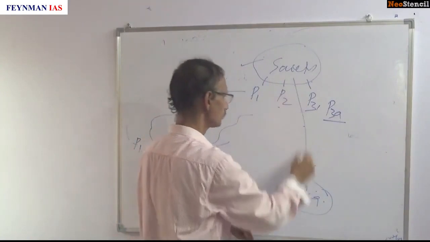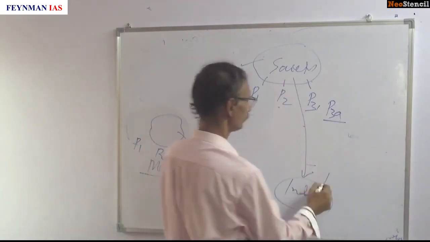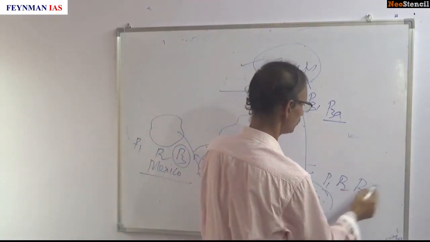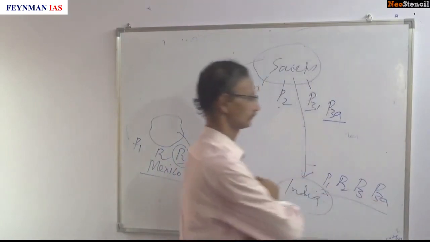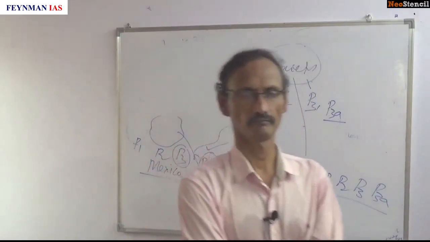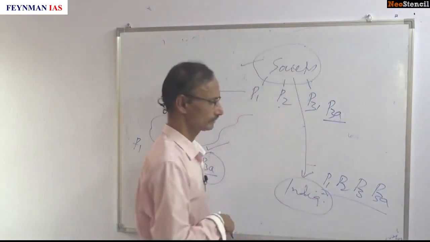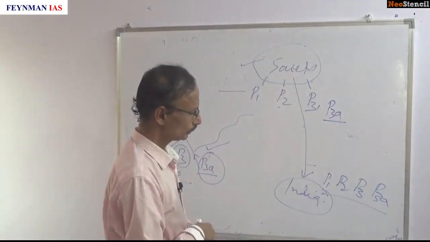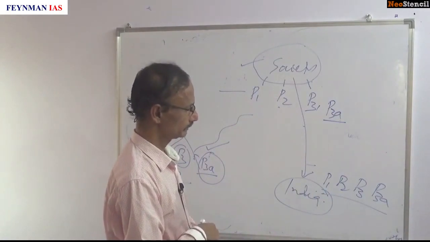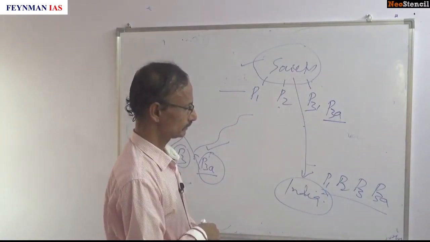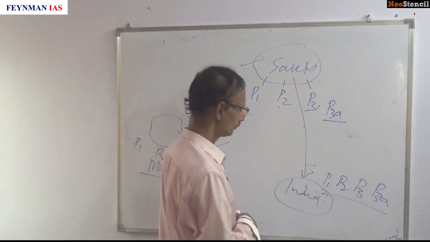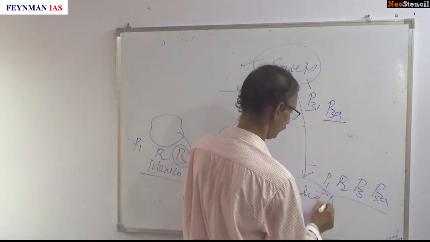And when this textbook comes to India, you have P1, P2, P3, P3A. But Indian scholars may find that no, this is not exactly P3A, but we are closer to P1A.